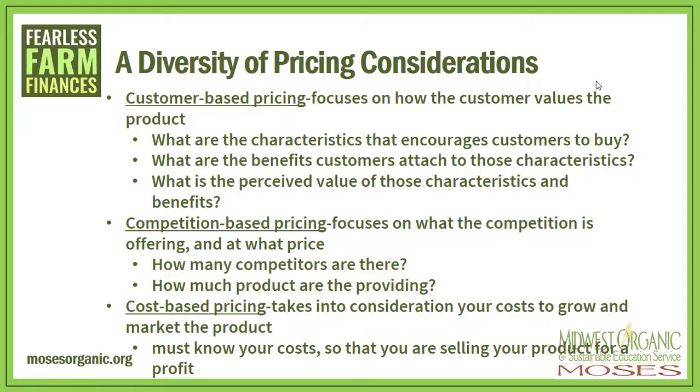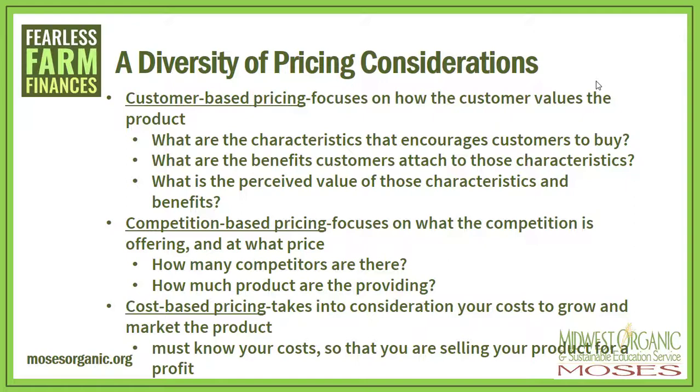So there are three ways that people go up against pricing, and how to consider pricing. The first one is customer-based pricing. And that is exactly what it says. It focuses on how the customer values the product that they're purchasing.